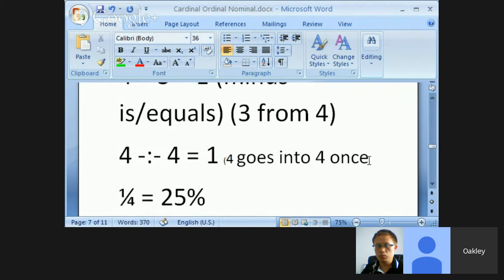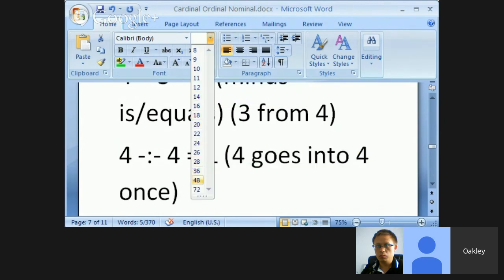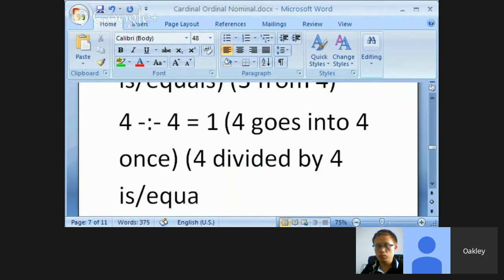Okay. 4 goes into 8 twice. That's right. You got it. That's the idea. 4 goes into 4 once. Here's another, actually easier, way to say it. 4 divided by 4, and then again, is or equals 1.